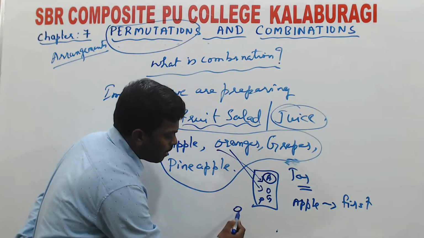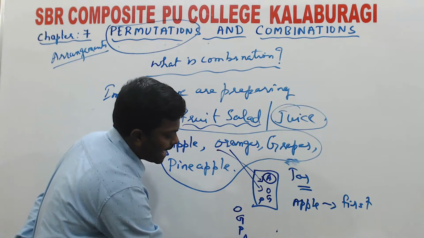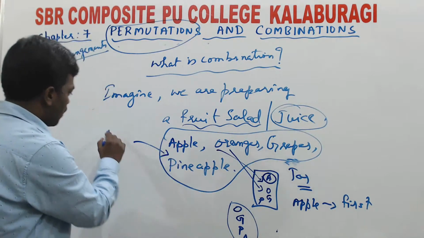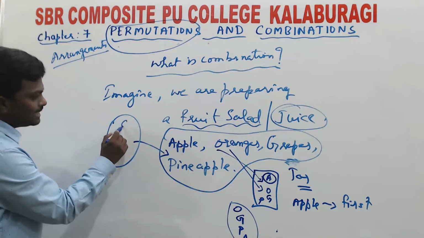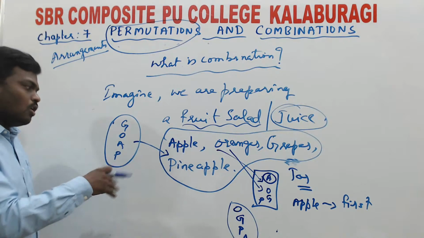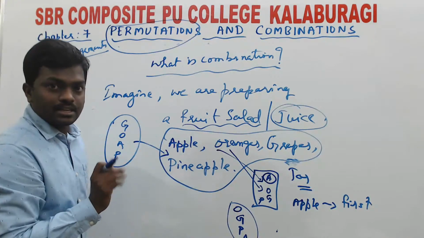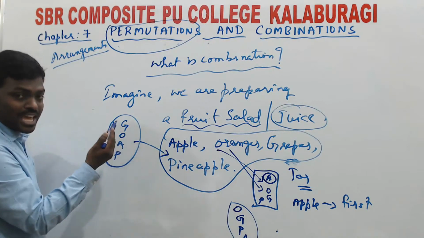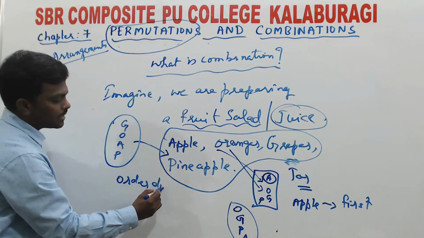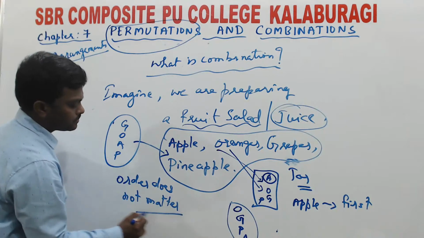If you add orange first, grapes next, pineapple next, and apple last, it also doesn't matter, you will get a juice, right? Or if you put grapes first, then orange, then apple, then pineapple, you will also get a juice out of the four fruits. Is that clear? So what you can see here is that order doesn't matter. You will get the end product anyhow.